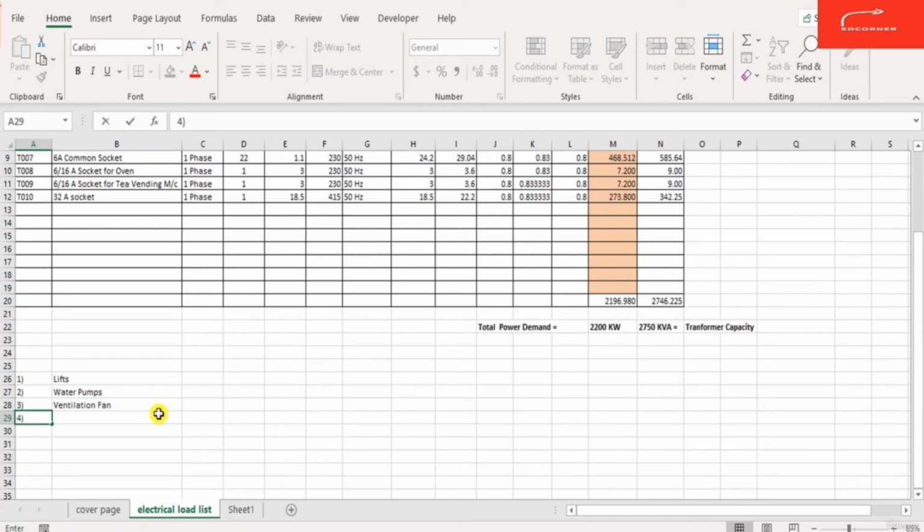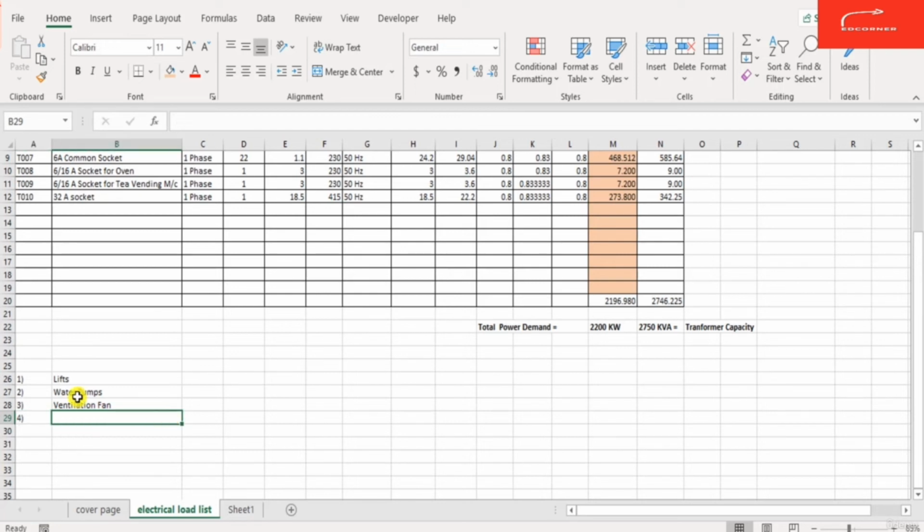Fourth, the other equipment is also there. For example, the security office for the tower, and other pumps, the different types of electrical equipment for firefighting. The other pumps means there are firefighting pumps, fire hydrant pumps, and jockey pumps. So different types of pumps are there. We need to calculate each and every kilowatt required for that entire equipment, so we can calculate the total power demand required for our tower.